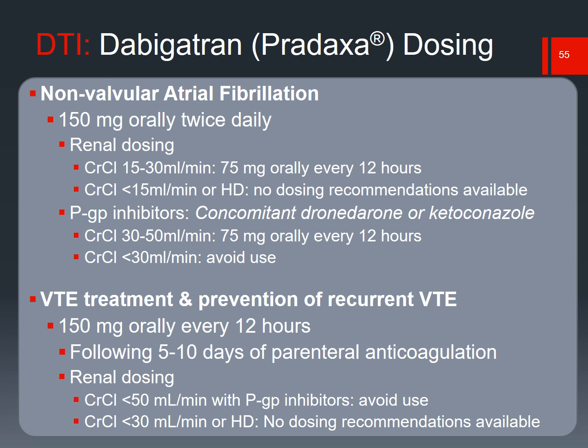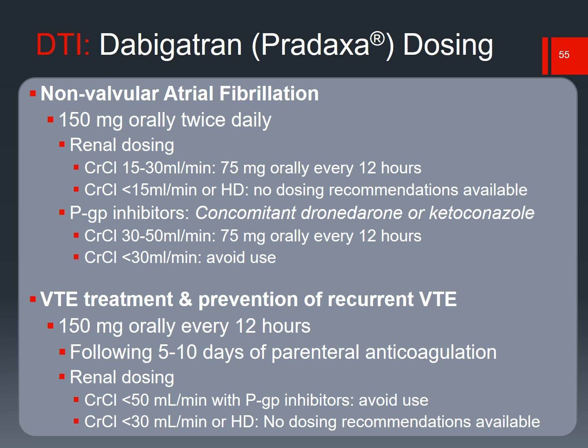And then when we get down to VTE treatment and prevention of recurrent VTE, we have the 150 milligrams orally twice daily, same as the non-valvular AFib. However, preceding this, the patient must have received at least 5 to 10 days of parenteral anticoagulation before they can switch over to dabigatran.